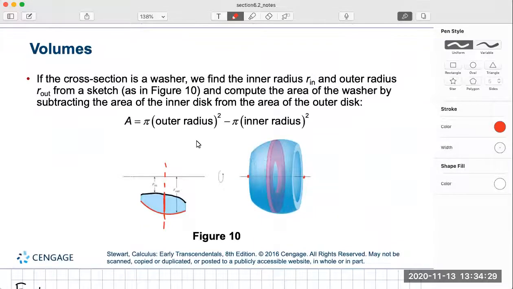And here is called the washer method, right? If a cross section is bounded by the inner circle and the outer circle, then we take the difference of these two areas, right? And again, it rotates.